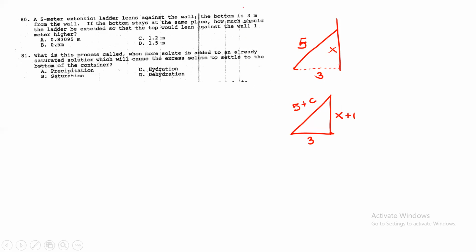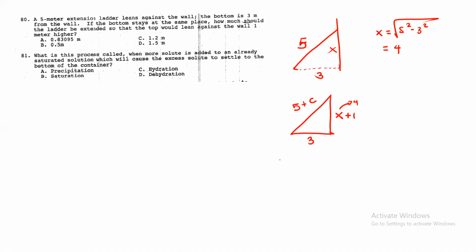So, ilan ba yung value ng ating x? So, ang value ng ating x is equal to, dito sa first illustration natin, square root ng 5 squared minus 3 squared, is, ilan ba? So, equals to 4. So, itong x natin is 4, no?